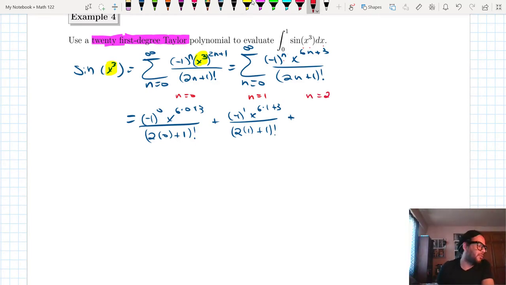So for n equals 2, I'm going to get negative 1 to the second times x to the 6 times 2 plus 3 over 2 times 2 plus 1 factorial.